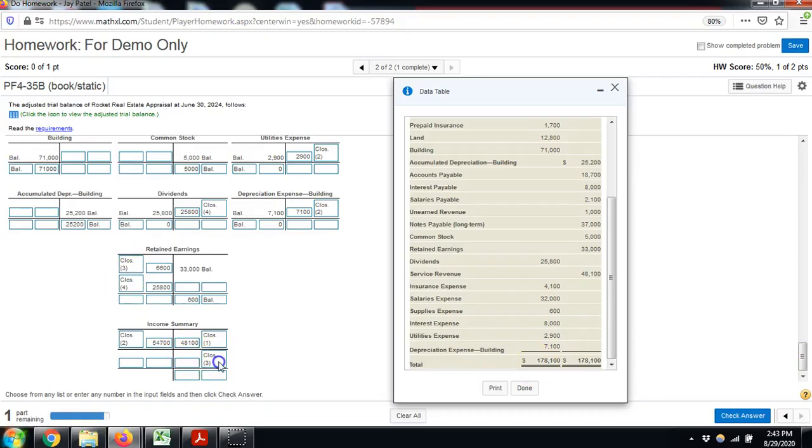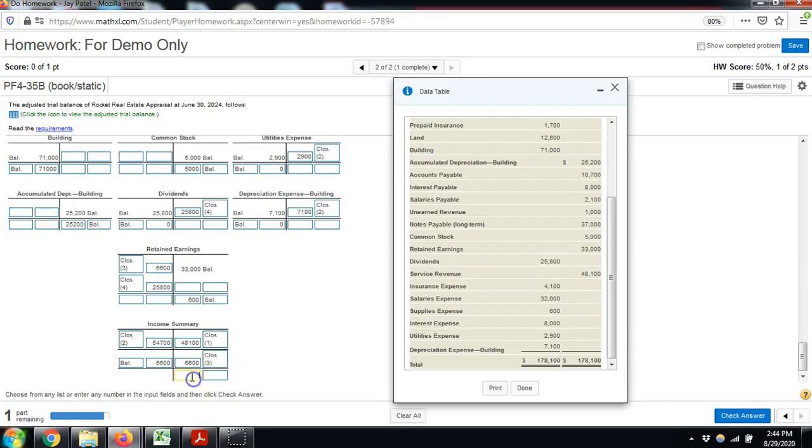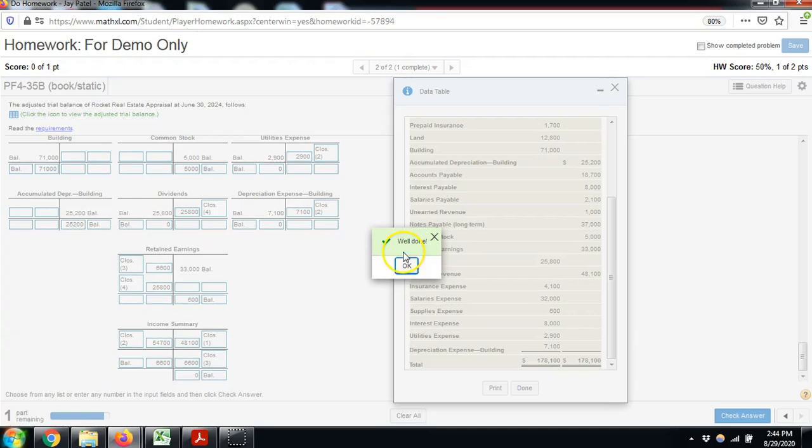So that gave us, let's leave that blank for a second, that gave us a balance of $6,600. But then we had our closing entry, close it out, and that gave us finally a 0 balance. Okay, that was a lot of work. Let's see if we got it right.